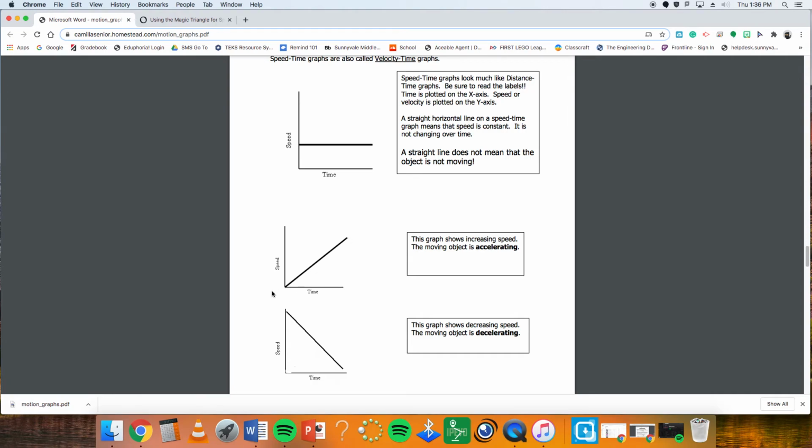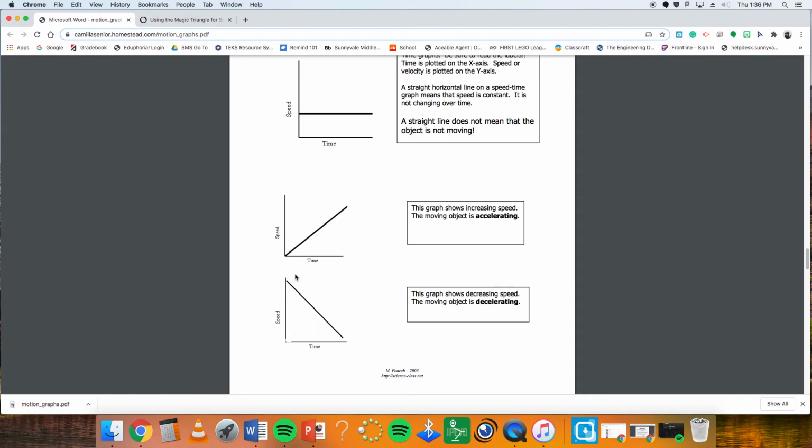That's what's happening here. Because it's a straight sloped line on a speed time graph, it is accelerating at a constant rate. Versus if it was bent like this, it would be just acceleration. But this is constant rate acceleration. This is also acceleration when you're slowing down.